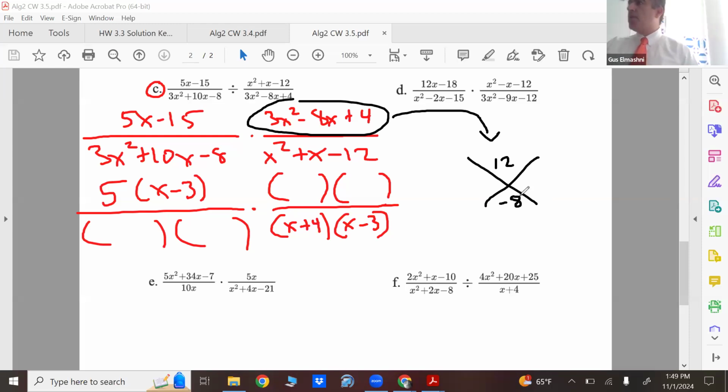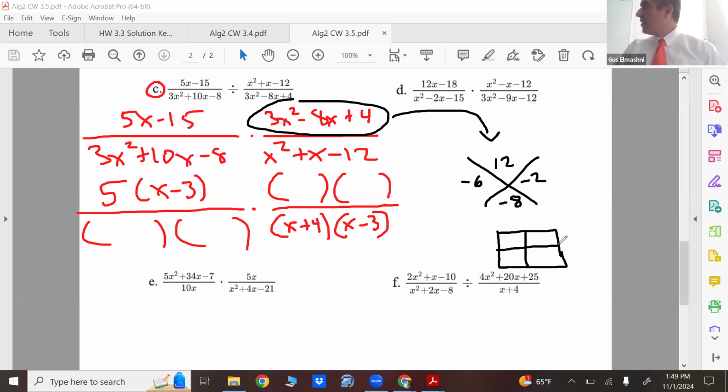Okay, what 2 numbers multiply to 12 and add to -8? Good, yeah, awesome. Thank you, Fernanda. Factoring has to be foundational. Thank you, Jimmy. I couldn't say it better. We have to multiply to 12 and add to -8.